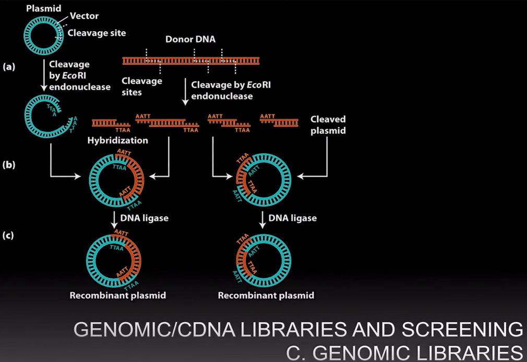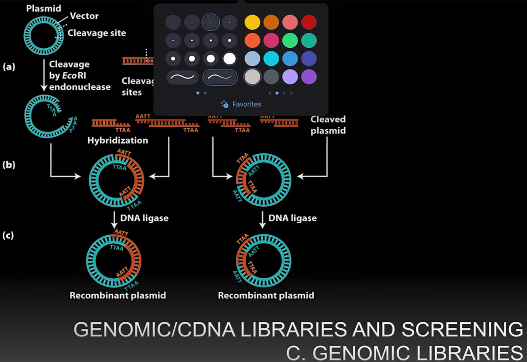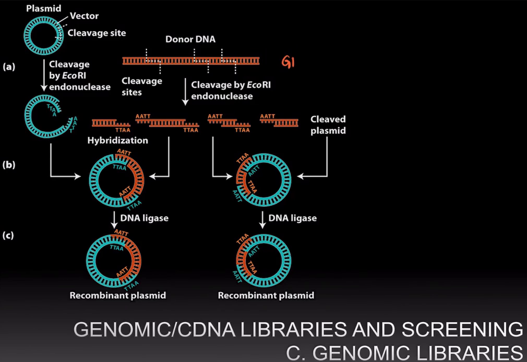So the next question is, once we've made a choice of vector, how do we break up the genome and use molecular cloning to make a library of vectors?